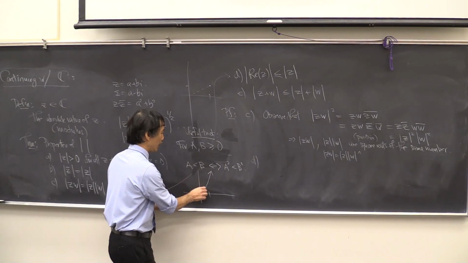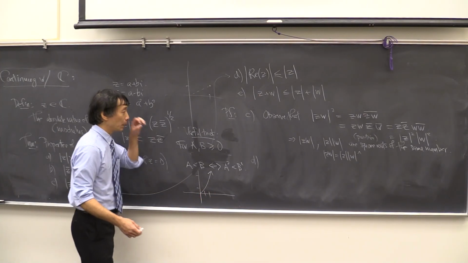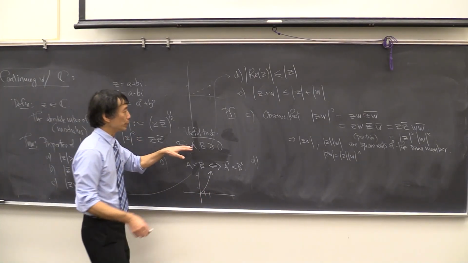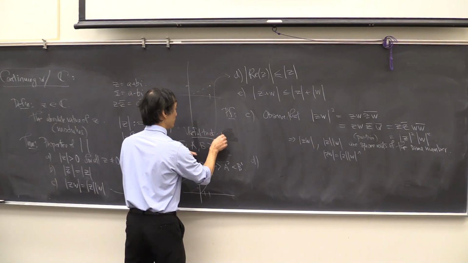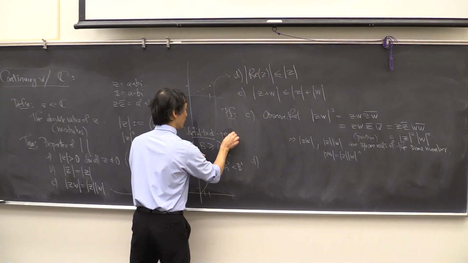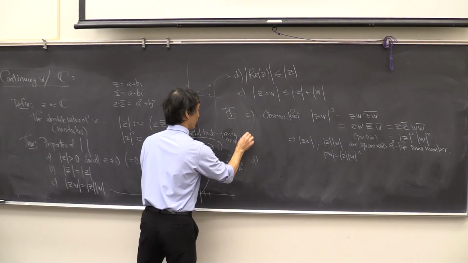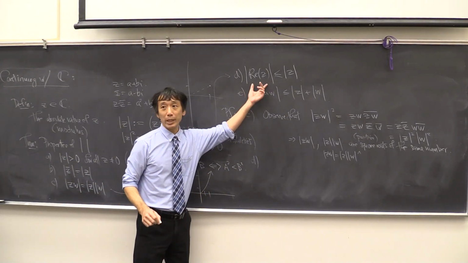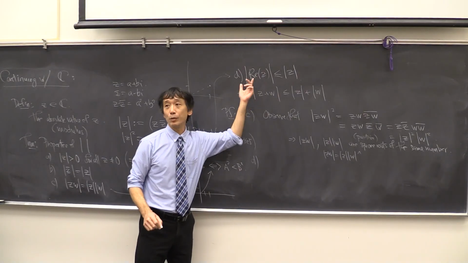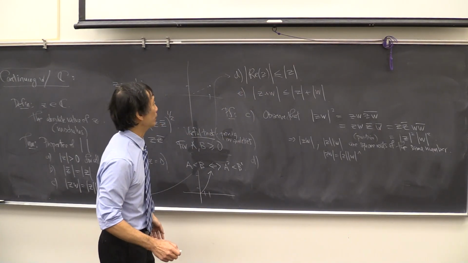And similarly, if A squared is less than B squared, then going backwards, A is less than B. So one useful trick for proving inequalities is that sometimes you're trying to prove something, and it's useful to look at the squares. If you can prove it for the squares, then you've got it for the original.